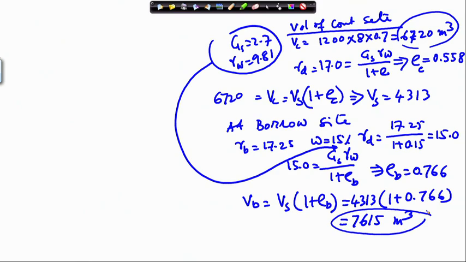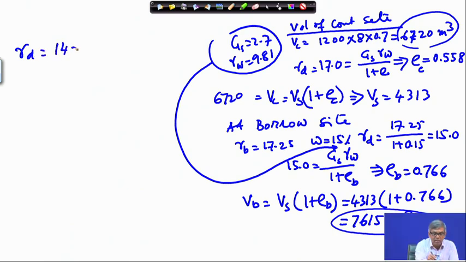And now, during filling or excavating, your gamma D is 14, and that will be equal to, again I can do Gs gamma W by 1 plus e, the water content is given, so 1 plus e, and e is not known. So, it is e at transportation time, what is the void ratio.